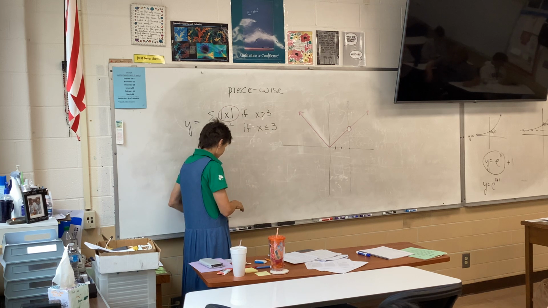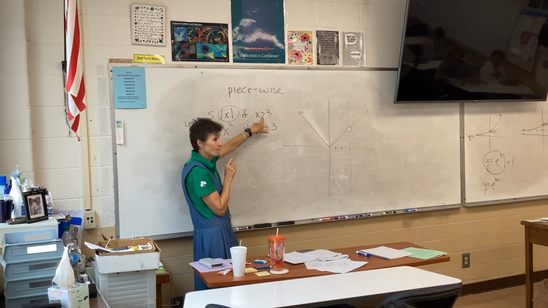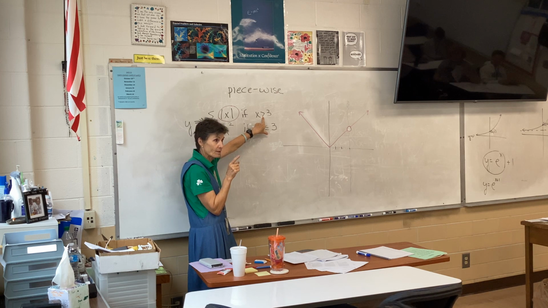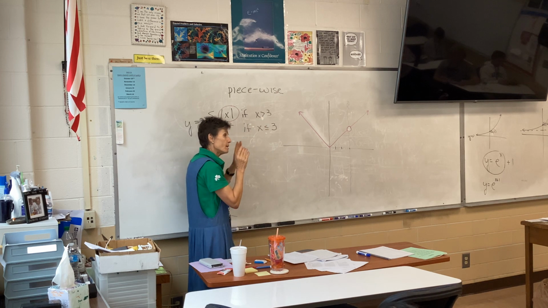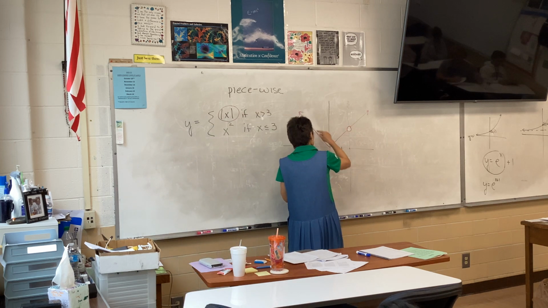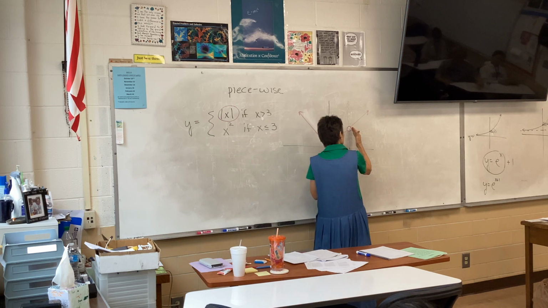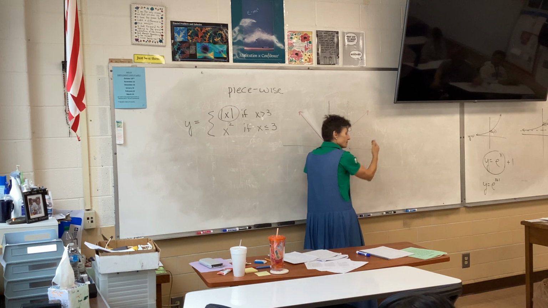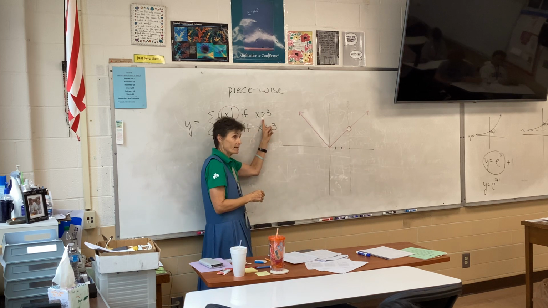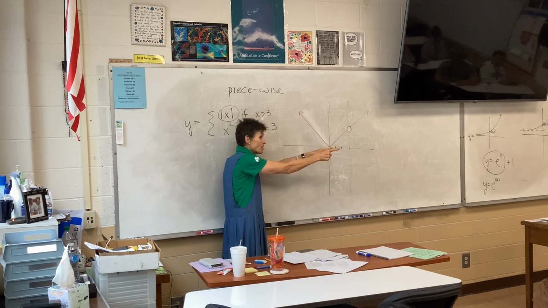Now, what does that symbol mean? Greater than. So notice that I have graphed part of my V on this side of my squiggly line and part of my V on this side of the squiggly line. The problem tells me that I only want the part of the V that's greater than 3.